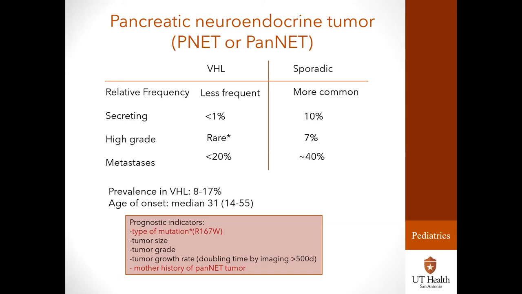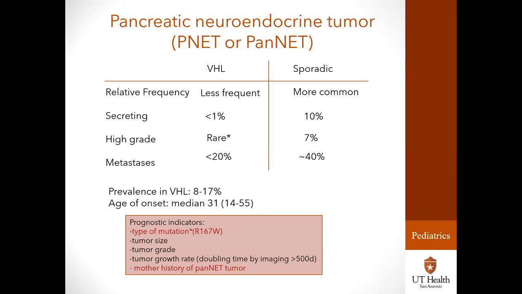And if we compare the two types, they are more often secreting of hormones in the sporadic disease compared to VHL cases. Very rarely in VHL, these tumors are high grade, and they are less likely to develop metastases than in the sporadic forms. The median age of onset of the disease is 31 years, and our patient falls within the very low end of the curve of pancreatic disease presentation.